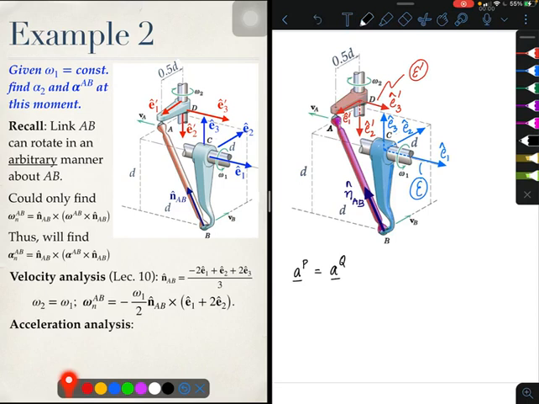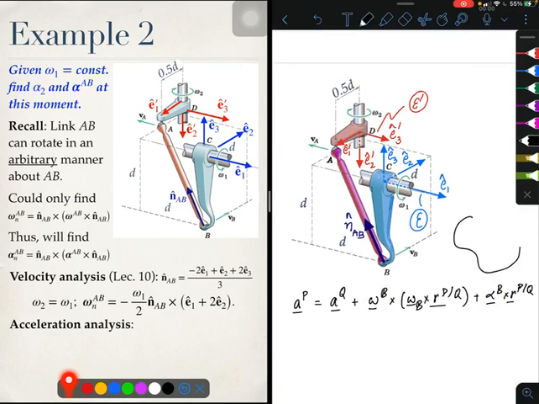So if P and Q are 2 points on the same rigid body B, then AP is related to the acceleration AQ by this formula, where omega B and alpha B are the angular velocity and angular acceleration of the body B in question.